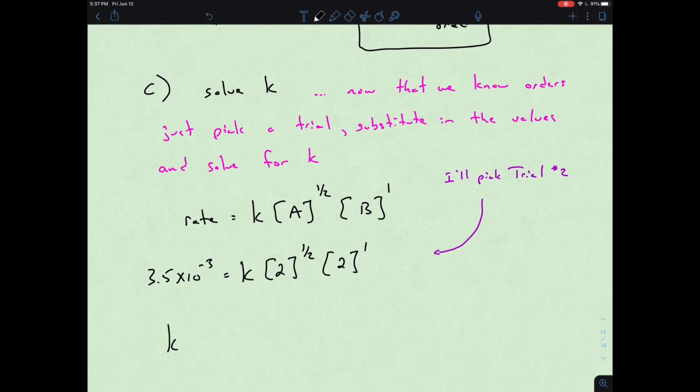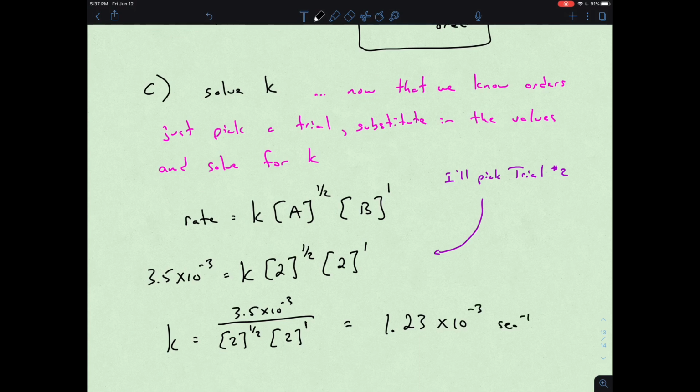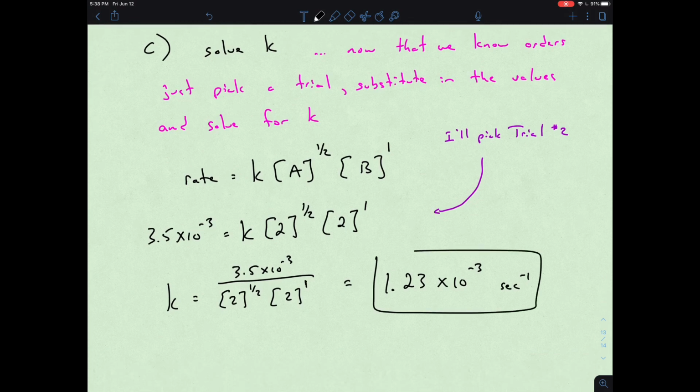And so my little k would then be equal, by dividing over my 2 and my 2 raised to the 1/2, I get a rate constant equal to 1.23 times 10 to the negative third reciprocal seconds in this case, in terms of time, right? So there is our rate constant.